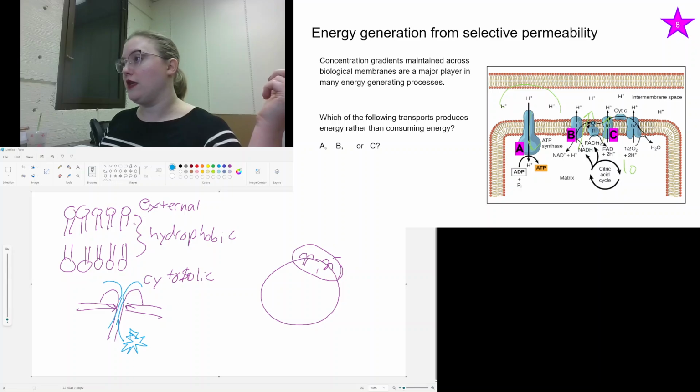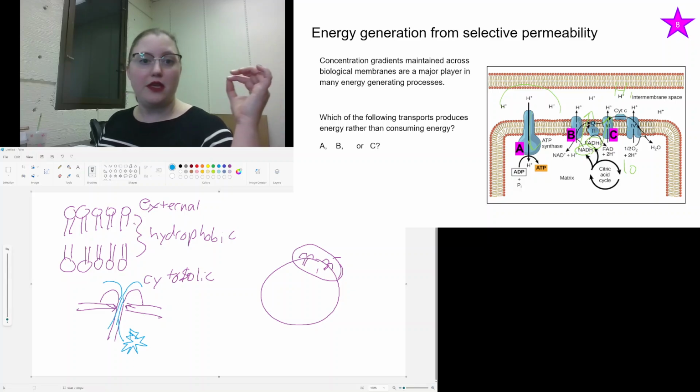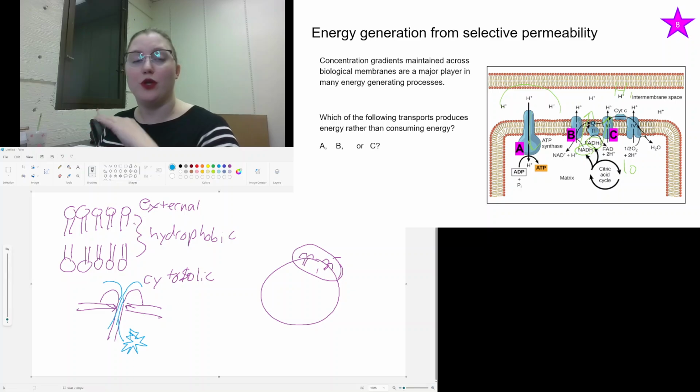So this is the low region, this is the high region, and these proteins are using energy molecules to pump hydrogens into that higher concentration space. So looking at this, go ahead and tap the letter of which option is going to produce energy rather than consume energy.